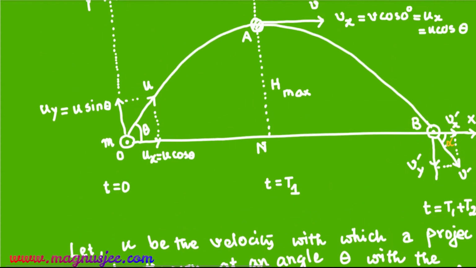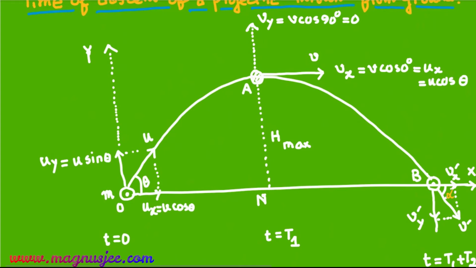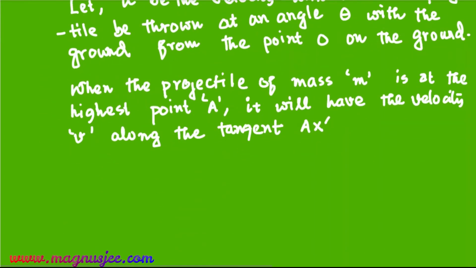Now we can denote the tangent at the highest point A. This AX prime is the tangent along which the velocity v will be acting.